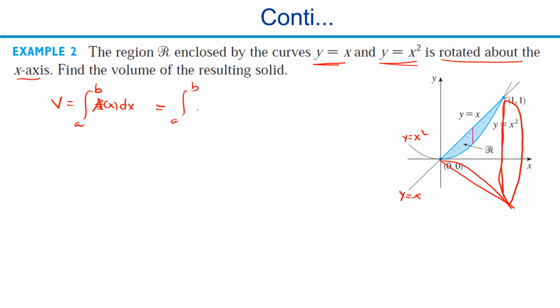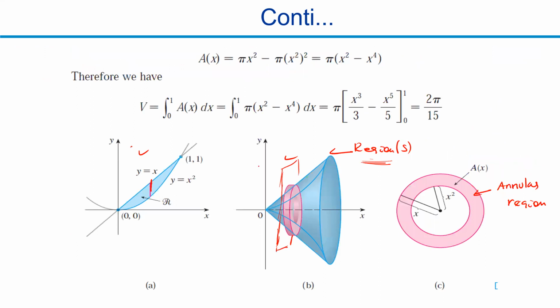And what is the area of the annular region? Area is simply pi r1 squared minus pi r2 squared. So r1 is simply x and r2 is x squared, because you can see that the smaller radius is x squared and the bigger one is y equal to x.